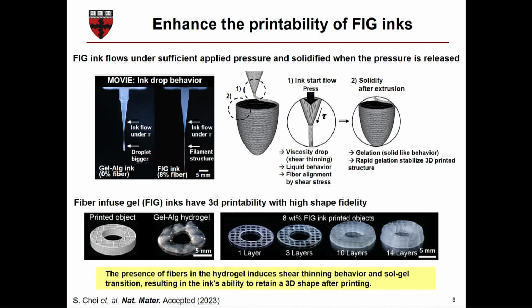Here, when there's no fiber, this donut shape with the mesh structure cannot be made, but we can layer it up and print this mesh structure using this fiber-infused gel ink. I call this ink FIG ink.